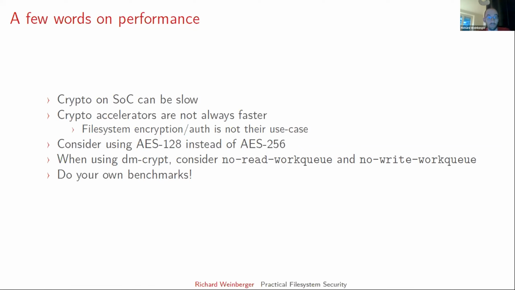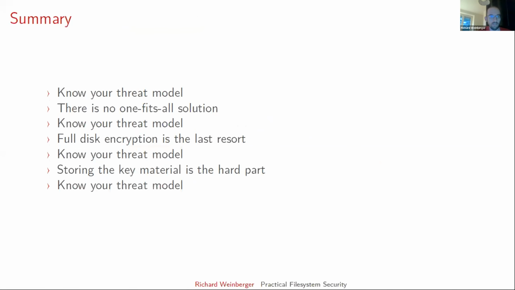On some systems, AES-256 is much too slow. You have to go to AES-128, and when you use dm-crypt, consider disabling the work queues when you have a synchronous crypto method. Mostly on Intel systems, the crypto can be done synchronously and is much faster because it doesn't have the overhead from the work queue. But please do your own benchmarks.